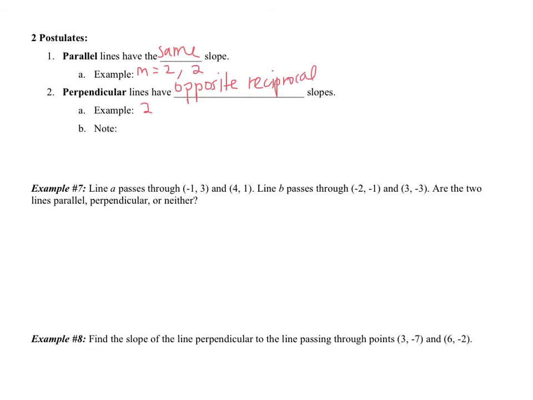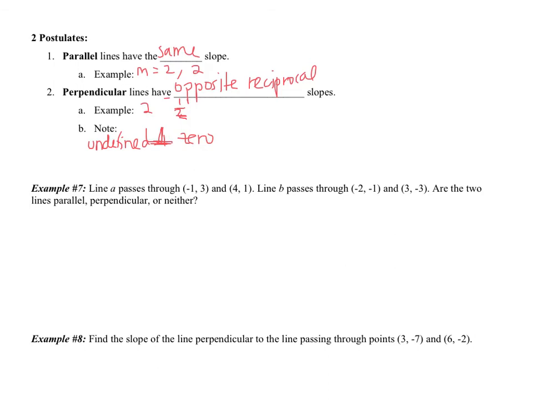So if one line had a slope of 2, the reciprocal would be 1/2, and then opposite means the opposite sign, so -1/2. Quick note, undefined slopes are perpendicular to 0 slopes. So if a slope is undefined, its perpendicular is going to be 0.